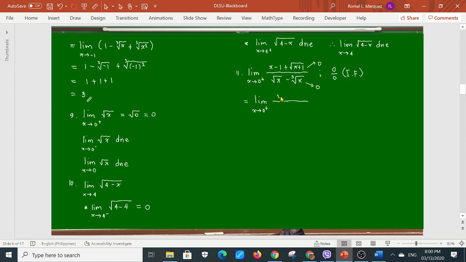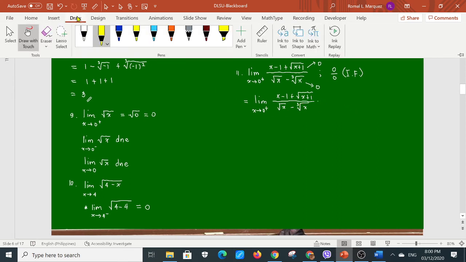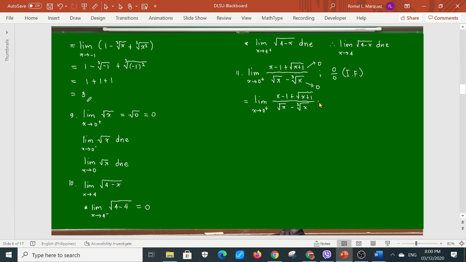What is our multiplier, guys? Yan ngayon ang challenge. Anong ipang-multiply natin? Minus cube root of x. What are you going to multiply, children? Ay may cube root, may square root.